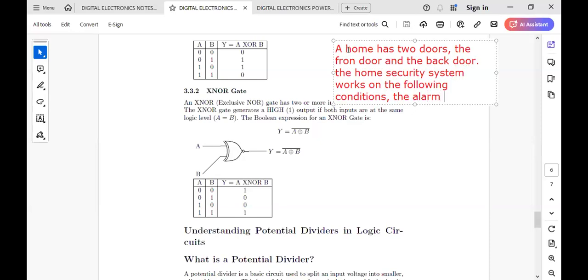The alarm is on only if both doors are open. The alarm is, let me put it this way, the alarm is off only if both doors are closed.